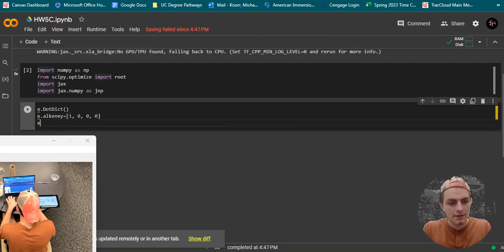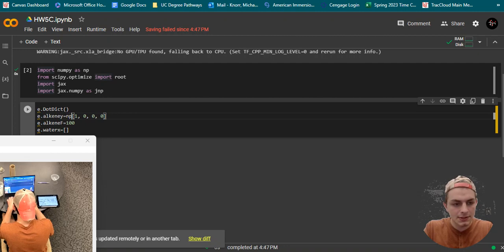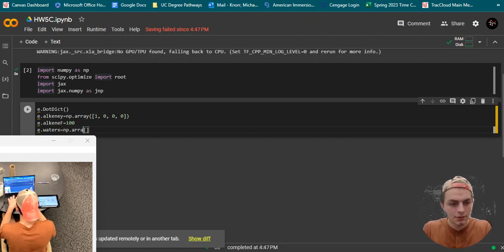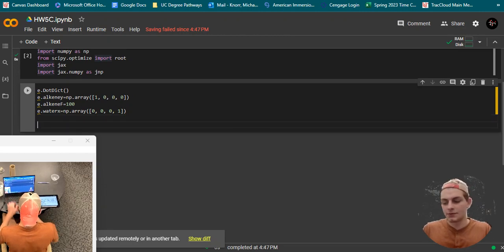And then let's put our flow rate in here at 100, and then our water mole fraction. Oh, we need to make these np dot arrays, which means they need parentheses around that. So there's our arrays, and then we said this was pure water as well.